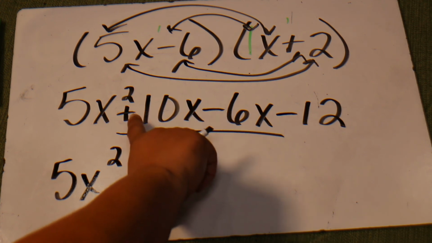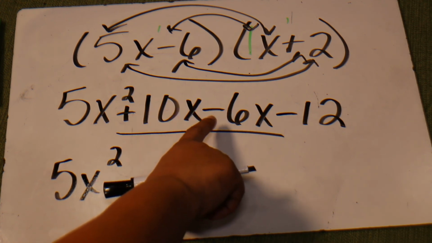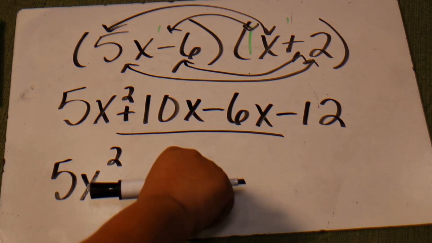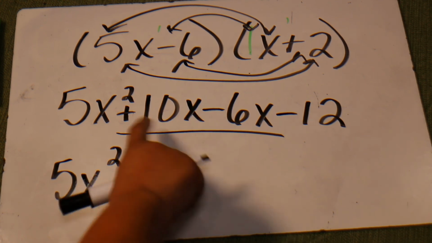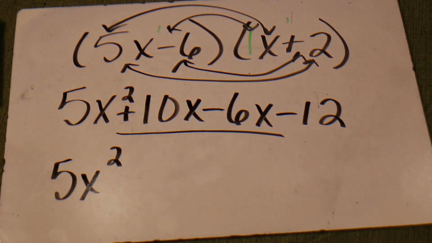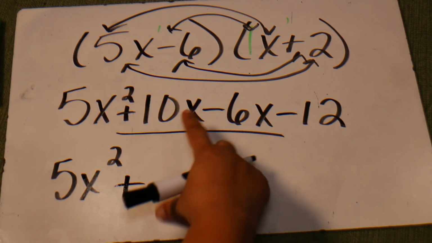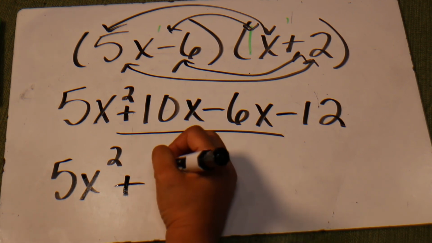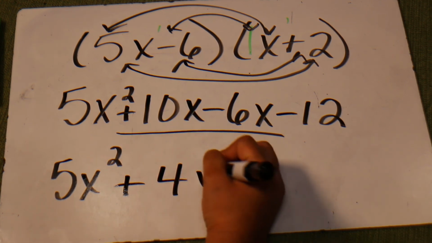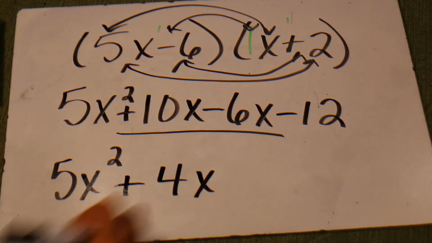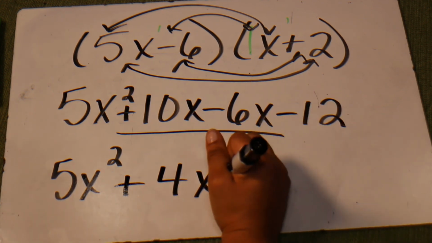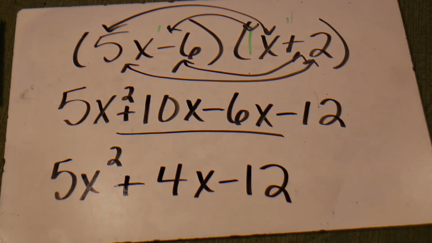The rule for combining unlike signs is we subtract. They're unlike, so we subtract. We always take the sign of the highest value, and the highest value is 10, so we're going to take the plus sign. 10 minus 6 is 4. And don't forget the x. And then we have negative 12. Okay, and that is our final answer.